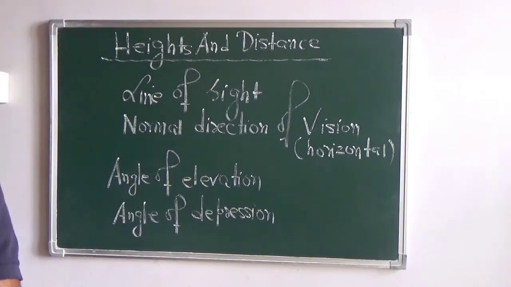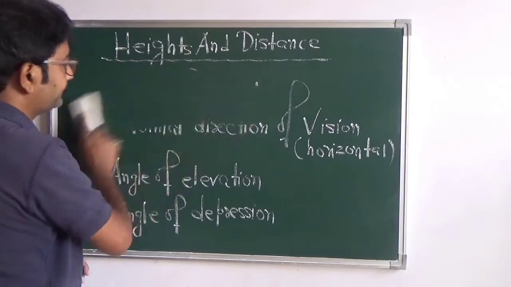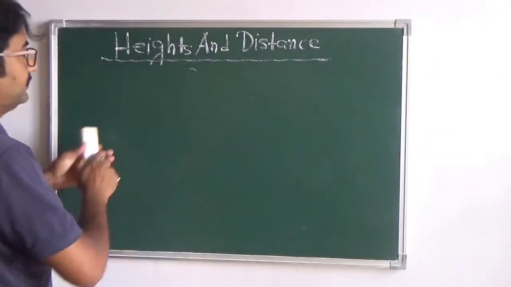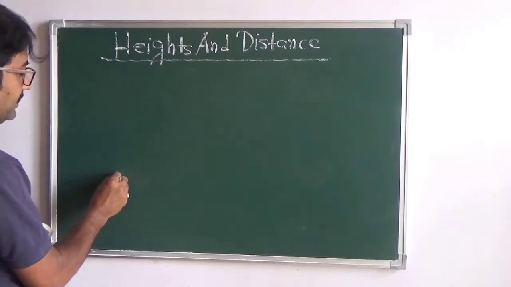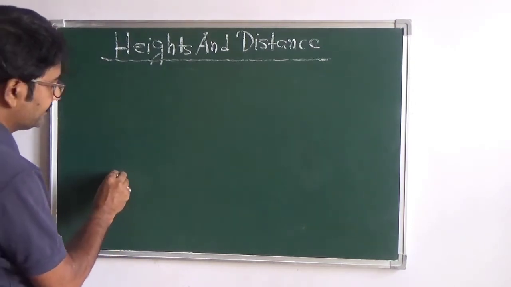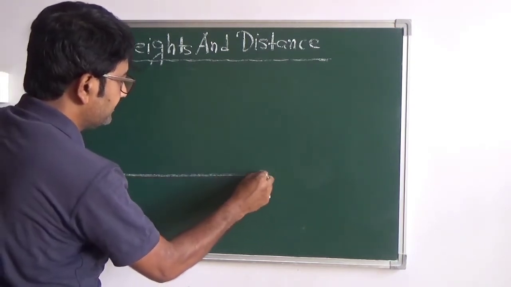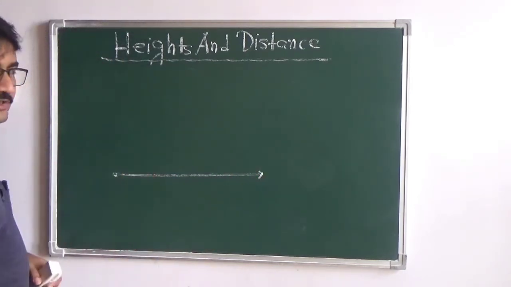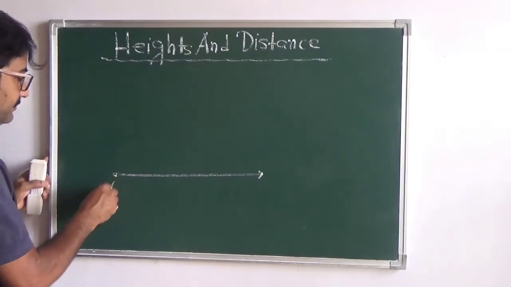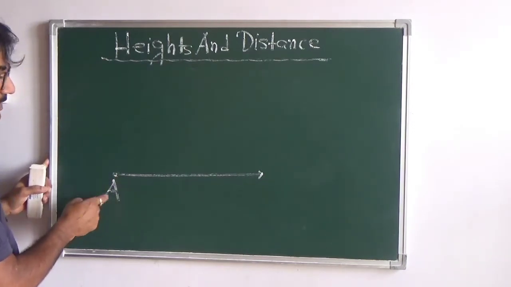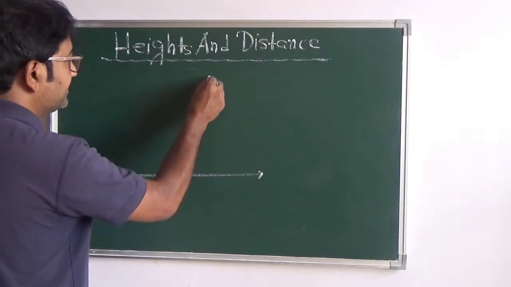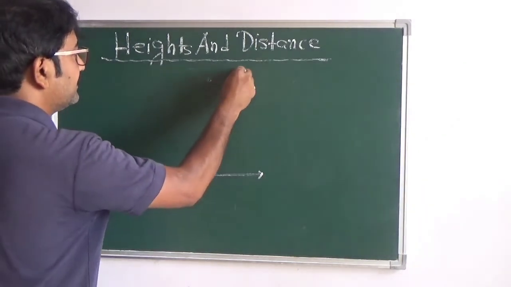So let us take it one by one. Suppose a person is on the horizontal ground. This is a horizontal, the road, suppose it is the ground. If anyone is positioned here at position A, and suppose this person is looking at an object which is above the horizontal.